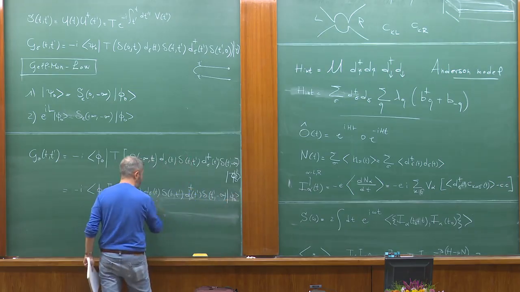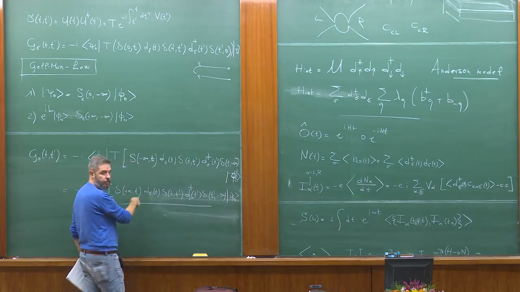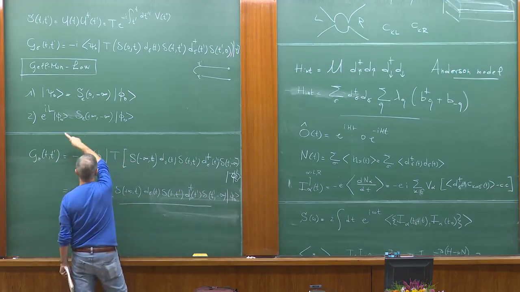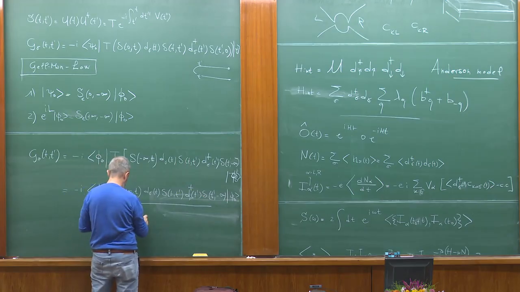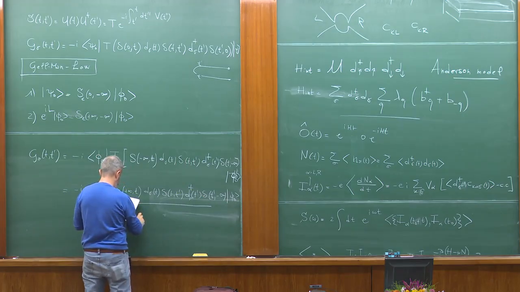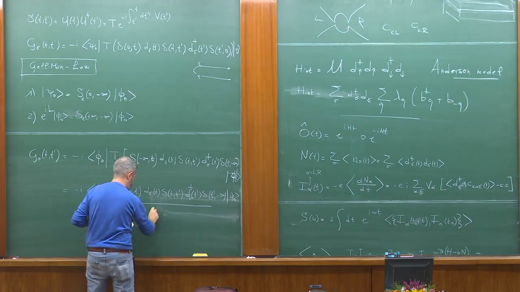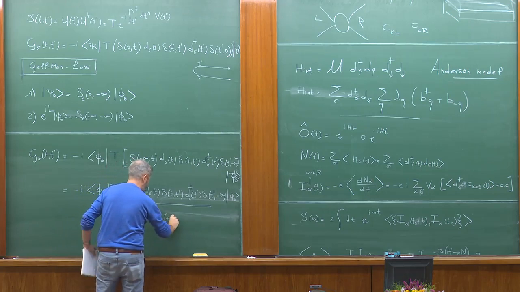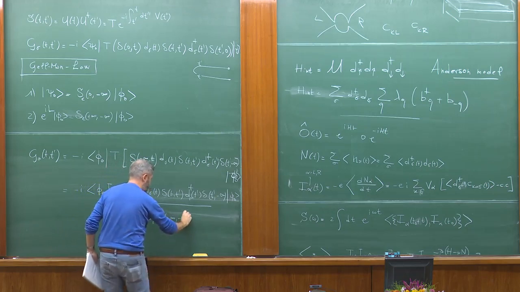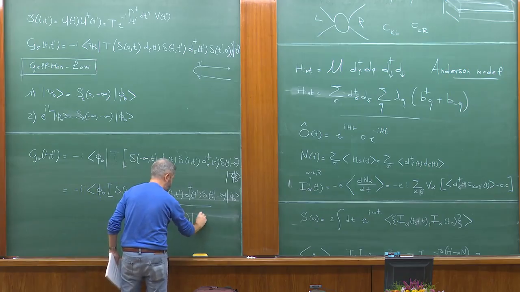And the price you have to pay is that phase factor, that one, and that phase factor is nothing but phi naught S of plus infinity minus infinity phi naught.